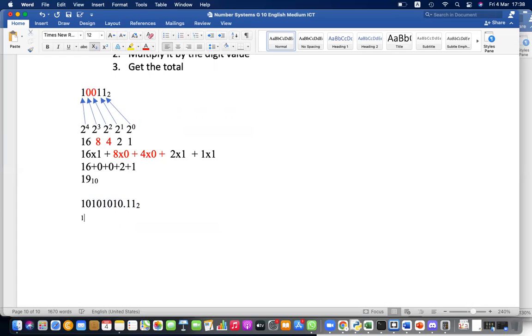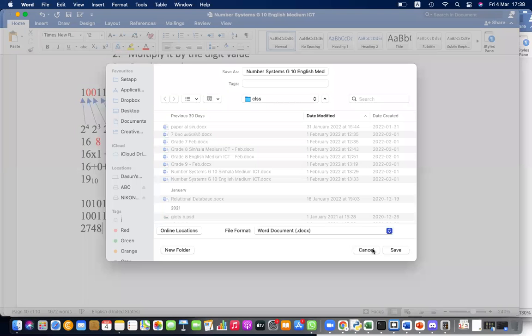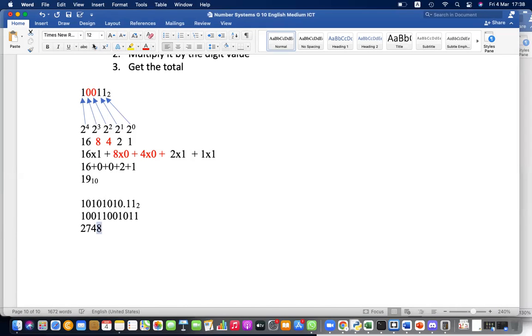So let's try to convert. These are octal numbers. Please try to convert these numbers.